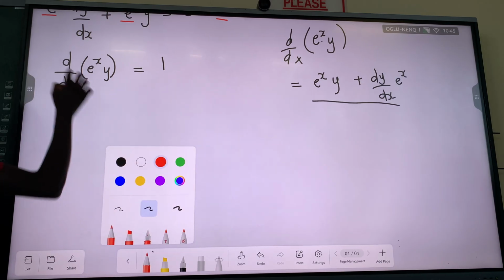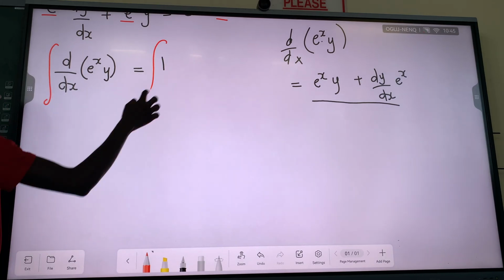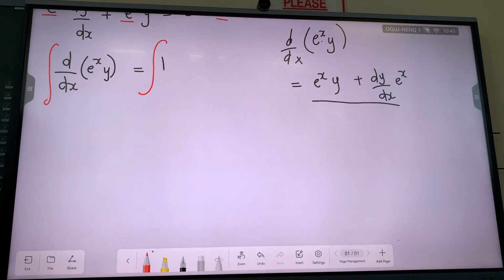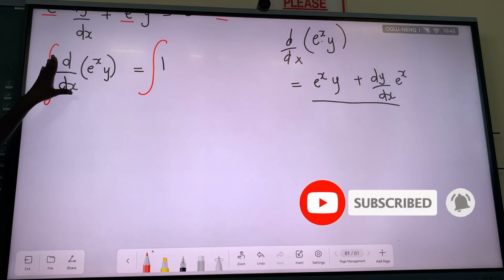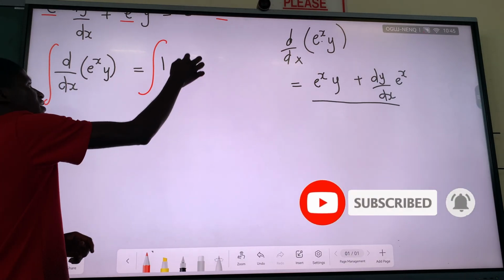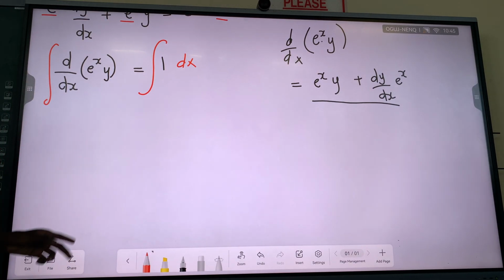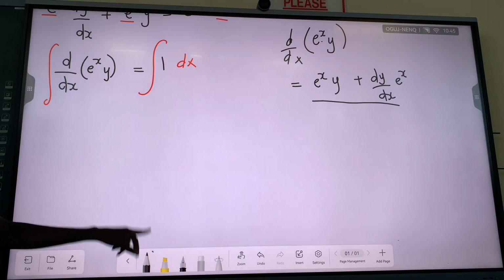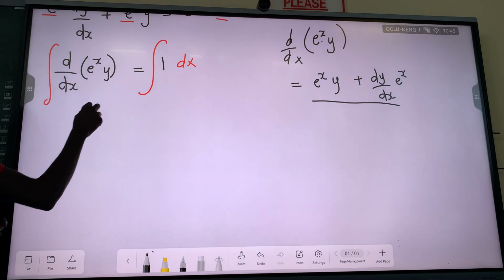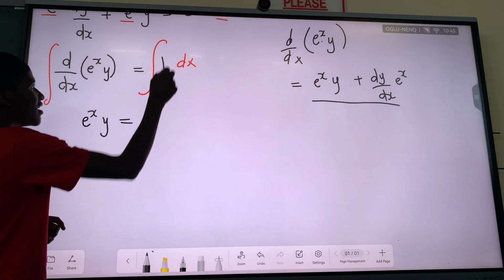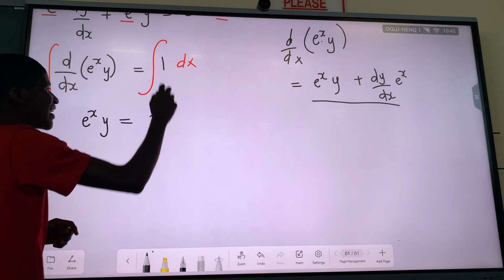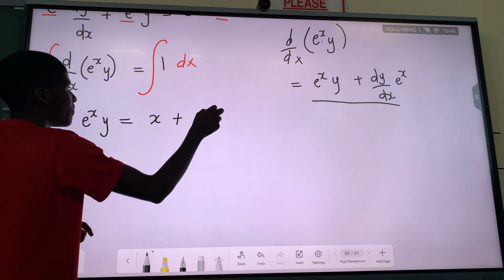If we integrate on both sides, we know that the integral and the derivative are always inverses of one another, they cancel each other out. So if we integrate this side with respect to x, it will cancel the derivative. If we integrate this side with respect to x, I will get the answer. So if we do that here, I am left with e to the power x times y equals x, but this is an indefinite integral, so plus c.